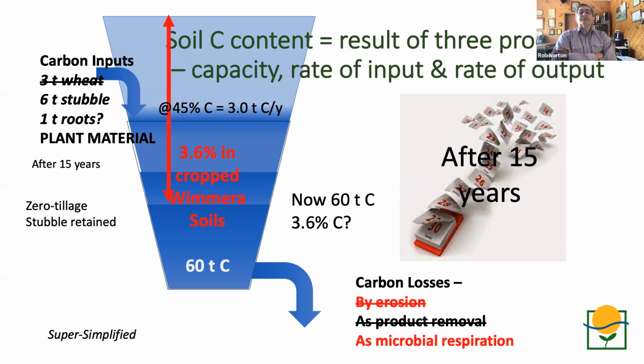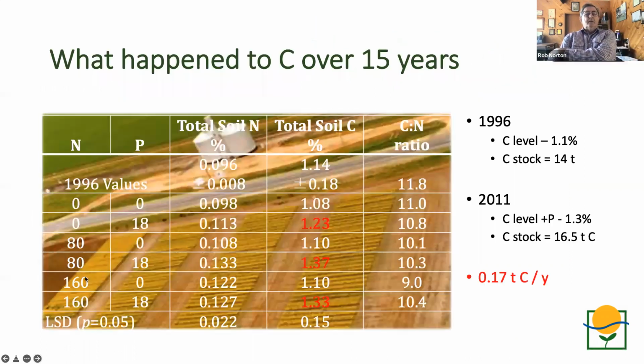Well, sounds too good to be true, doesn't it? In fact, we do know what would happen. We had, in association with Incitec Pivot, a long-term experiment at Darlin, just the first silo west of Horsham. And we looked at different fertiliser programs over 15 years.